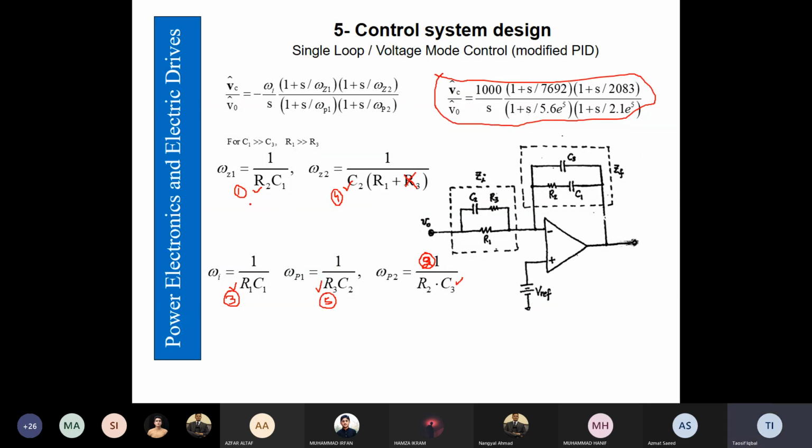Then we fix the value of C1 and find out, for a particular frequency, what the value of R2 should be. Similarly, for omega Z2, we fix the value of C2 and find out the value of R1.